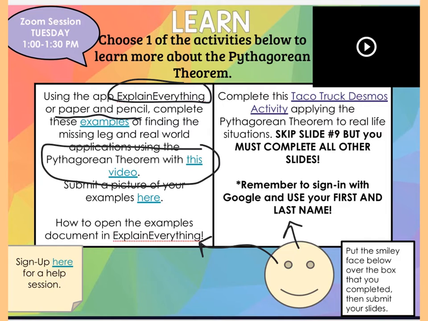Once you've done all the practice problems, I think there's 6 of them, you're going to take a picture or submit a picture of your notes on the next slide. Or you could choose a Desmos activity and just skip slide 9, but make sure you do all of the Desmos activities on there.